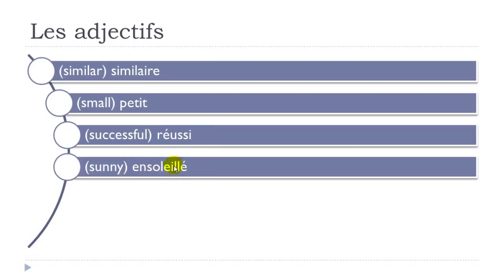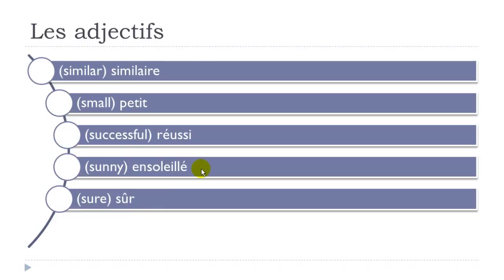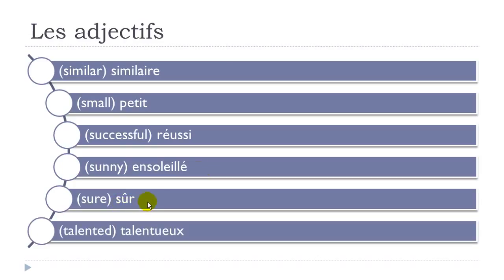Ensoleillé. Remember, double L after E. Ensoleillé. Sûr. Talentueux. Final X not pronounced. Then you get this U together. Then TU. Tueux. Talentueux.